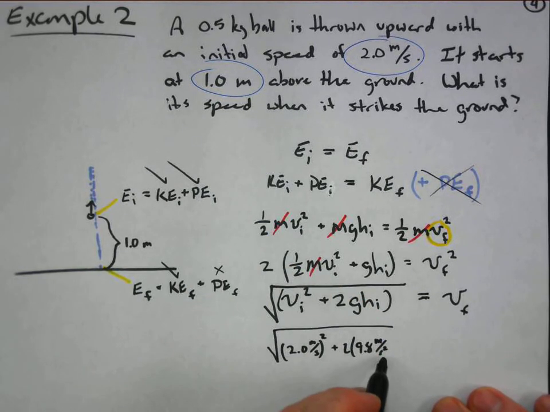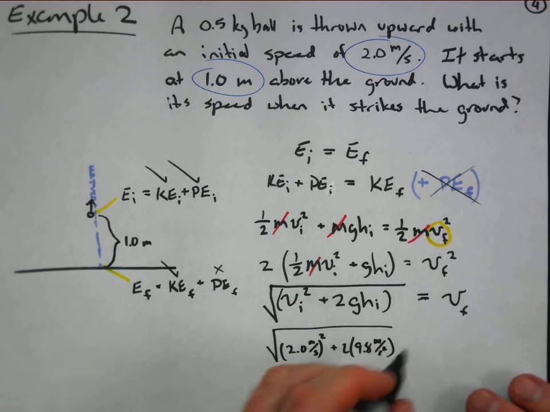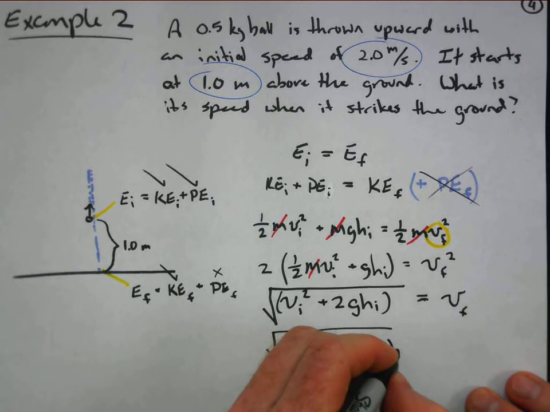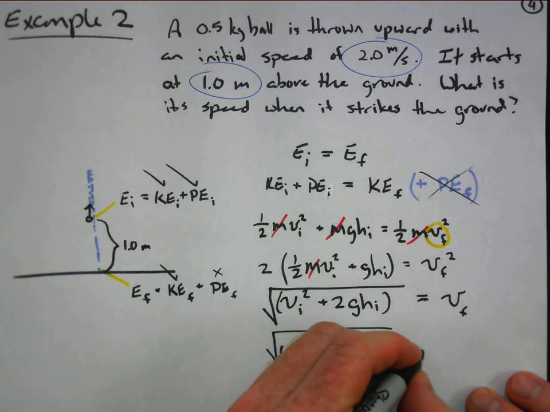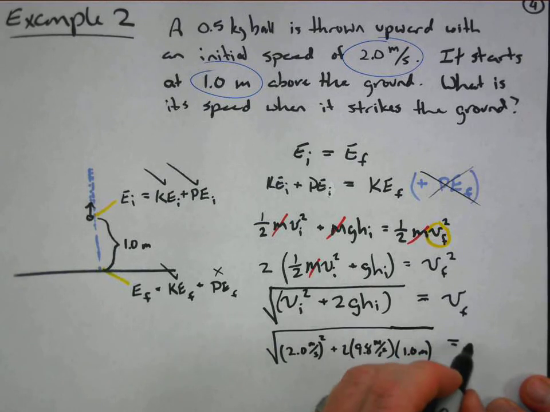The seconds are squared. This was meters per second and the whole thing squared. This is meters divided by seconds squared. That's an acceleration, right? Times initial height was the 1 meter.